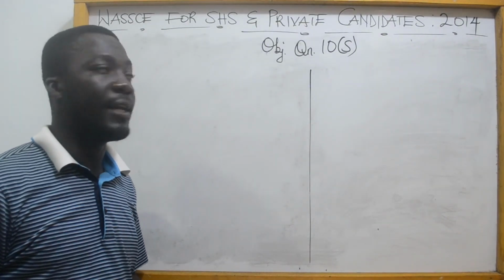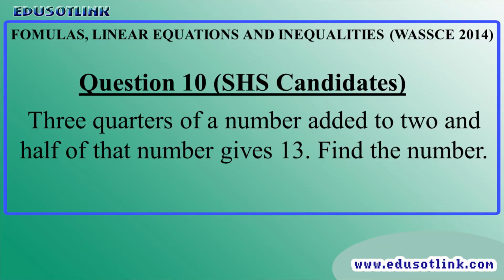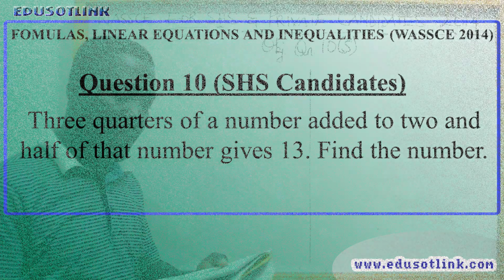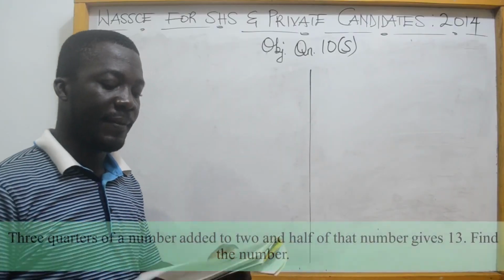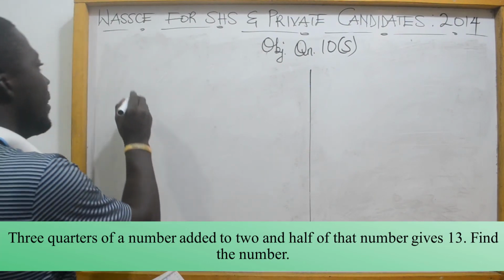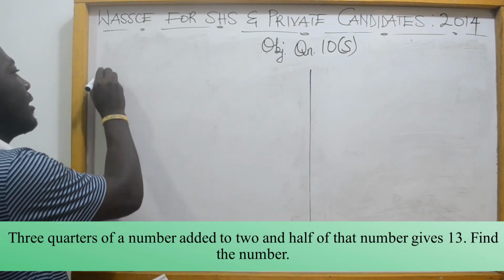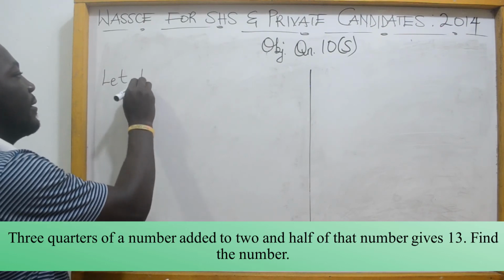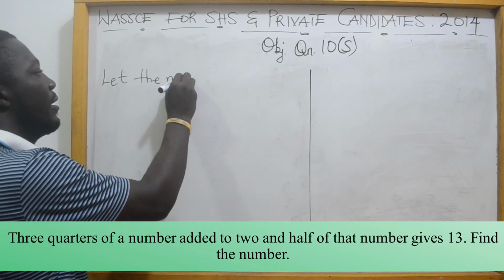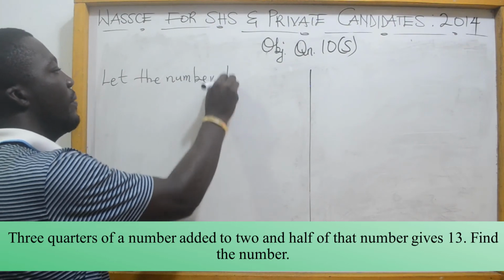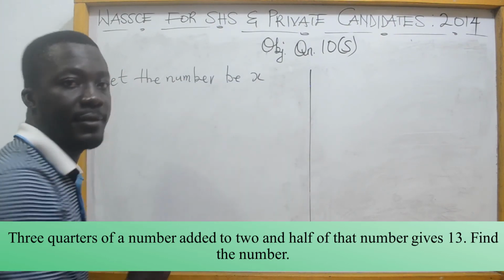Objective question 10 for SHS candidates. It begins, 3/4 of a number. We don't know the number, so we say that let the number be x.